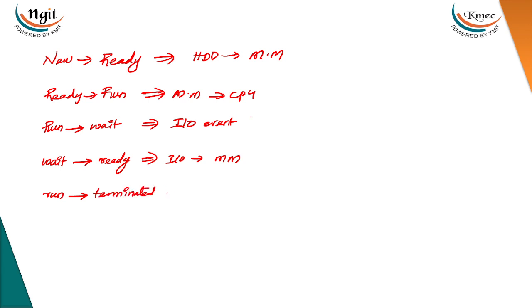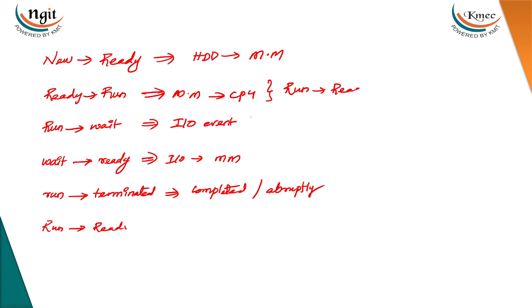Either all the instructions are completed or the program has to be terminated abruptly. Then we change the state from run to terminate. And there is one more event we forgot, that is run to ready.